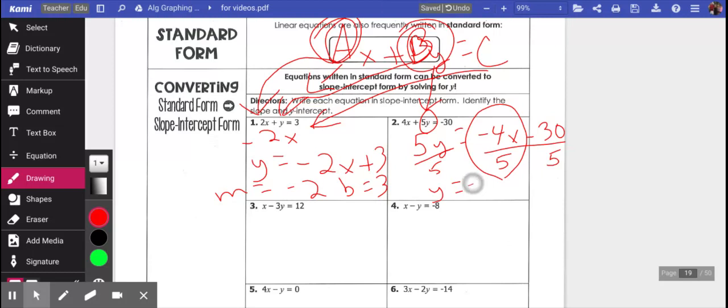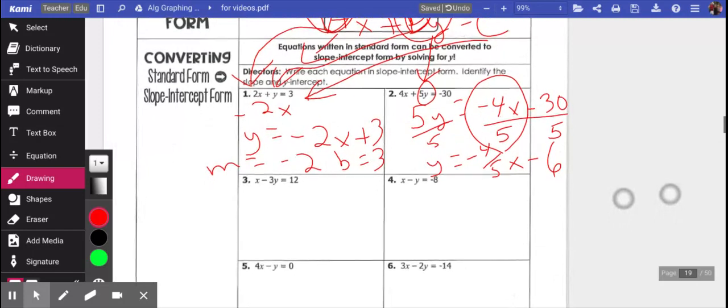So we have negative 4/5 x. And we're not going to do 0.8, we're going to leave it like that. And then negative 30 divided by 5 is negative 6. Okay, we'll do some more together.